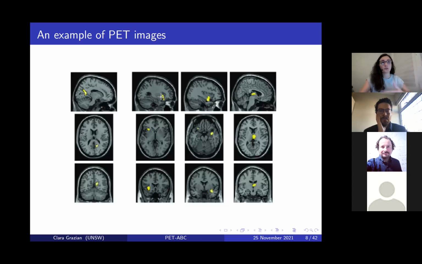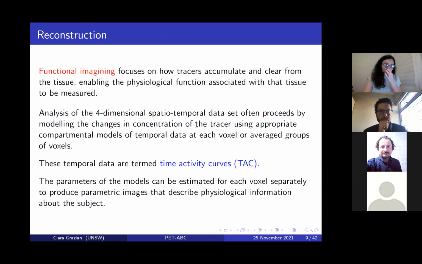So you would like to obtain some meaningful information from the time activity curves that can be translated into a particular type of activity in the brain or the organ of interest. This type of analysis is usually called functional analysis or functional imaging.